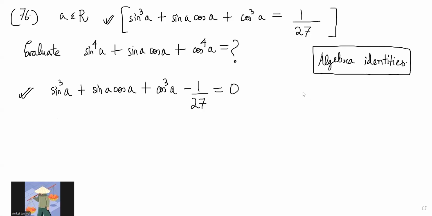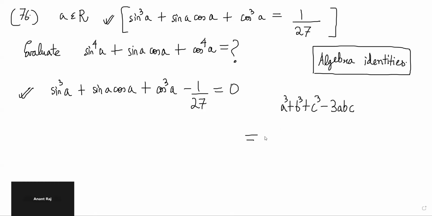No, no. See, do you know the factorization of a cube plus b cube plus c cube minus 3abc?